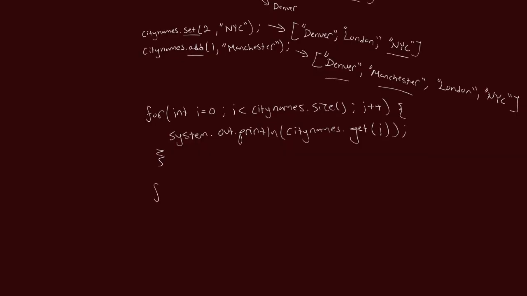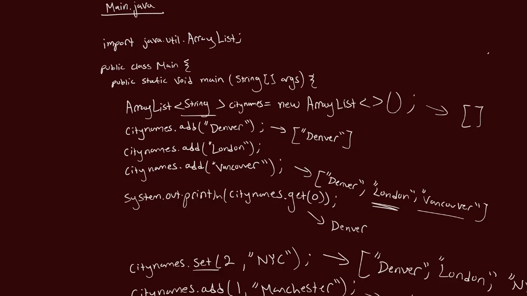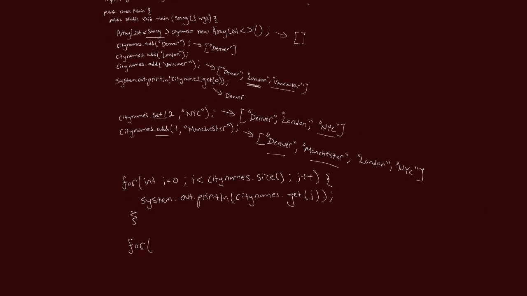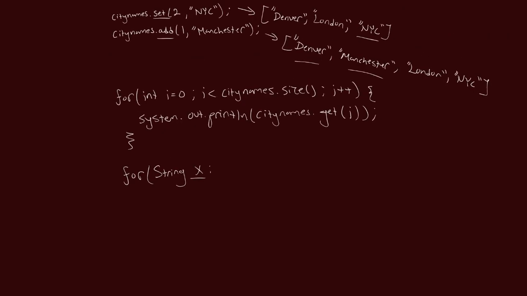The other way, you can do the following: you pass in the data type of the array list. So you pass in String, uppercase S, then a name of your choice. Let's say x, and then the array list name, and then you do System.out.println, pass in x here, and it'll display all the contents of your array.